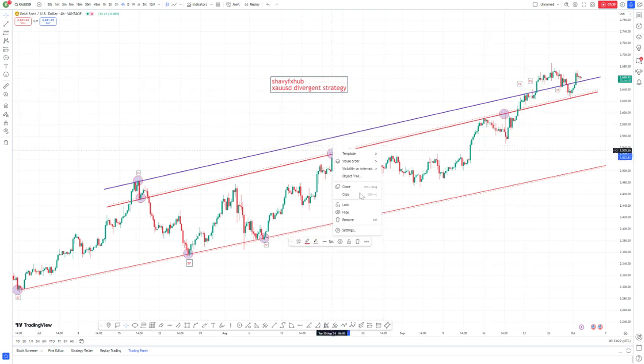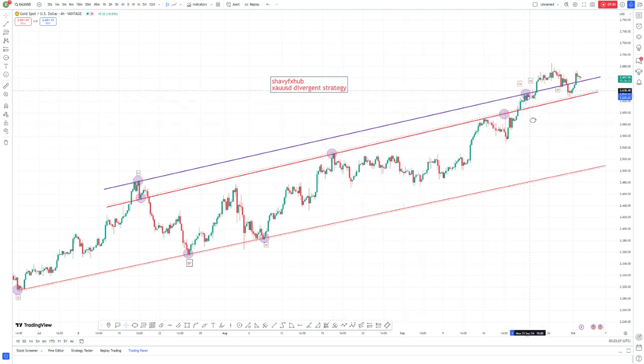So price got tested on this roof, which is also an RS level, breakout of RS level. We came for retest, which becomes an SR, and heavy bearish impulse continues, which is a temporary correction. We have impulse. This is correction.